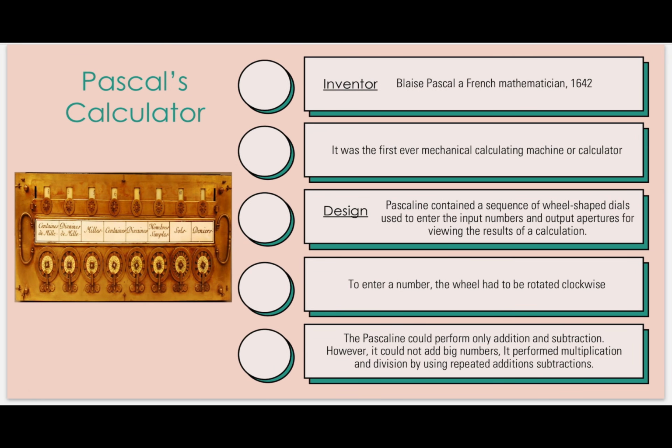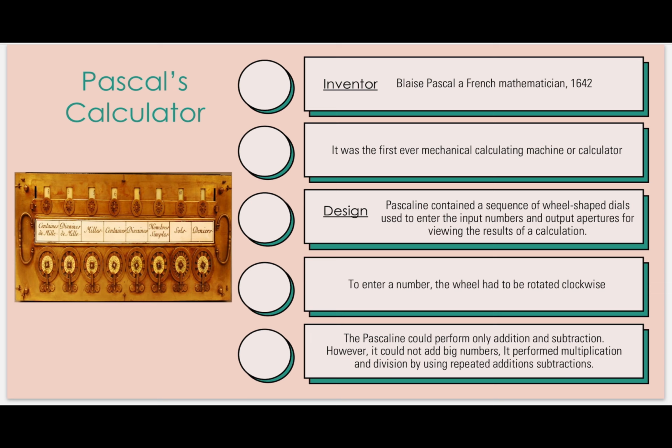Next was Pascal's calculator. Who invented it? Blaise Pascal invented it. Who was he? A French mathematician, in the year 1642. What was the specification of this calculator? This was the first ever mechanical calculator or machine. See, with the help of wheels, we can input the numbers. In which direction do these wheels move?